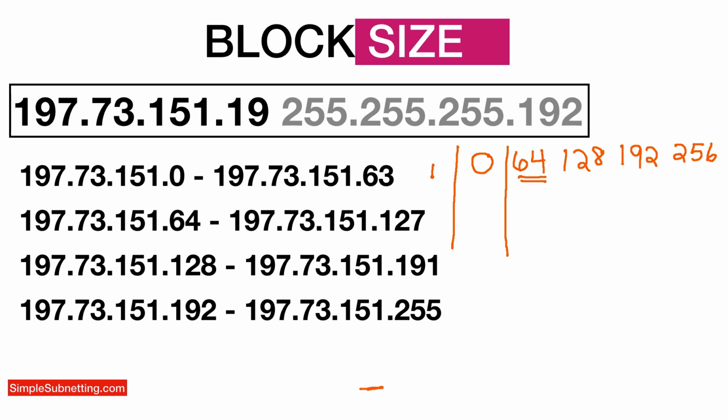I like to write N for network, F for first, L for last, and B for broadcast. And now we can calculate everything we need to answer whatever question they give us. We know broadcast is one less than the next, so that's 63. Last is one less than broadcast, so that's 62.